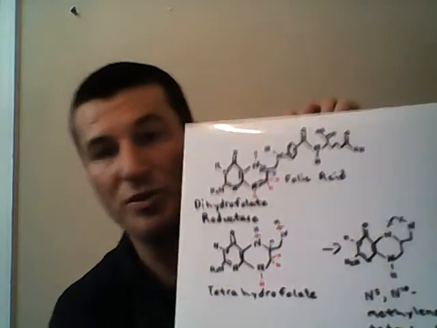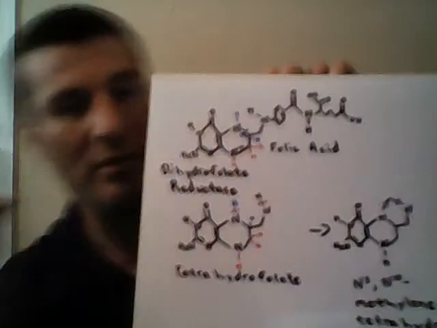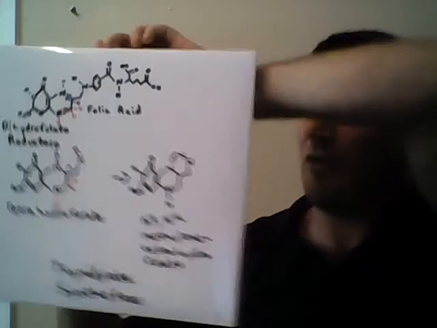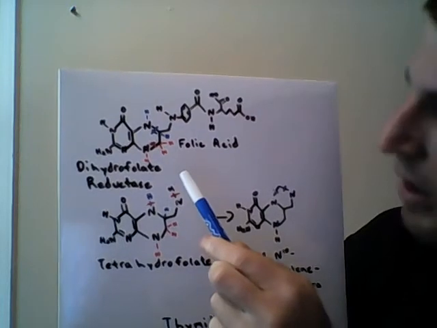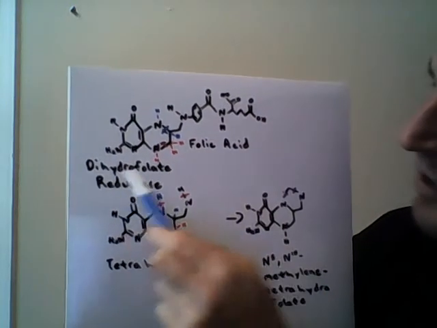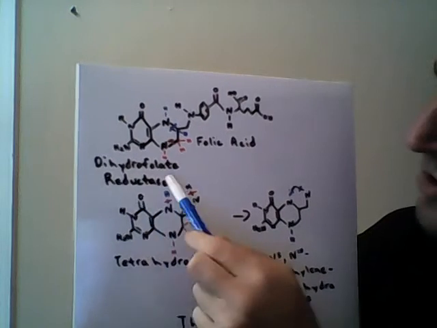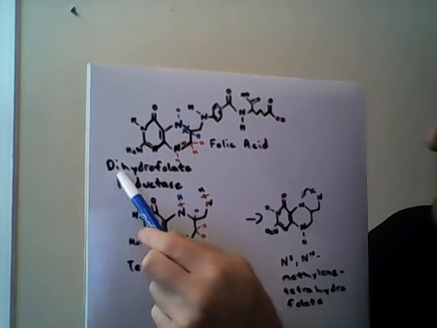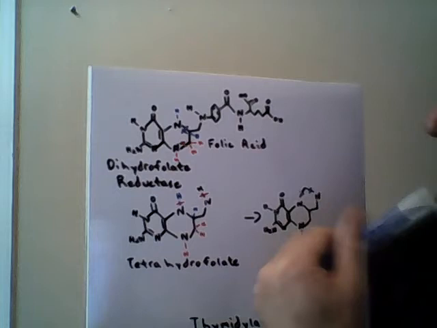This right here is the whole chain of folic acid. Let me just show you a little better. That right there is the whole chain of folic acid. And the enzyme that's going to work on the first two reactions is called dihydrofolate reductase. And folic acid, by the way, is very important with spina bifida, and in pregnant women.